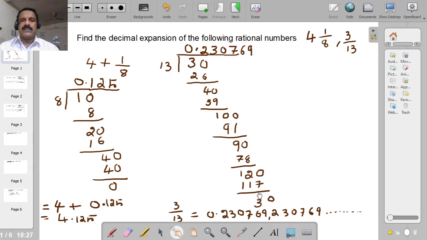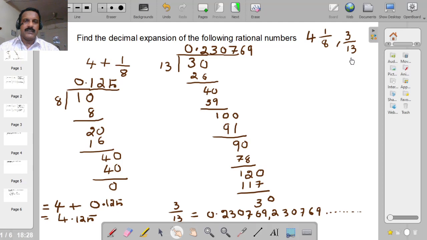See, we started with 3 and we have reached a state in which we get the remainder 3. So if we continue the process, we will be getting the result 2 again. The same process is going to repeat. Because 3 cannot be divided by 13, we will be adding a 0 here, and the same process is going to repeat. So 230769 is going to repeat again and again.